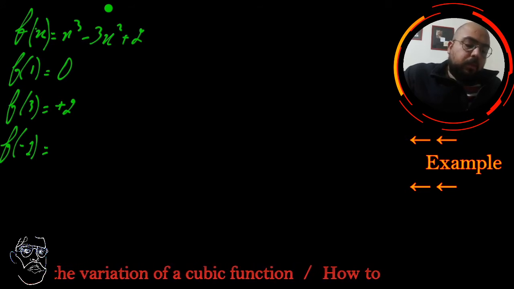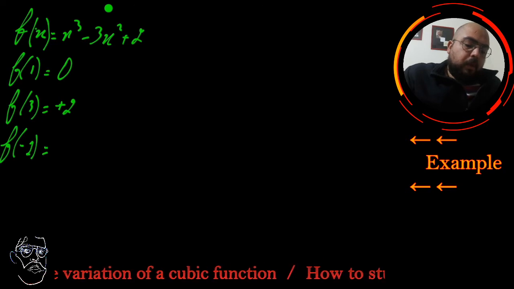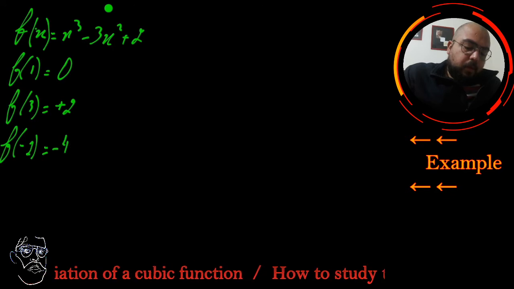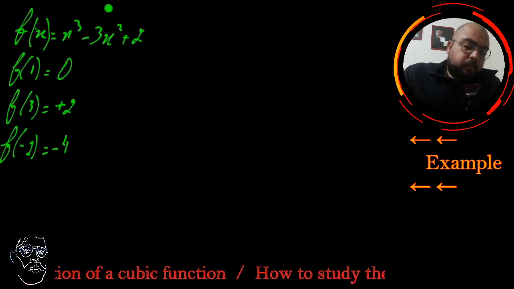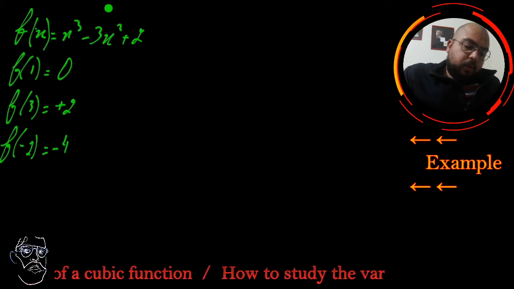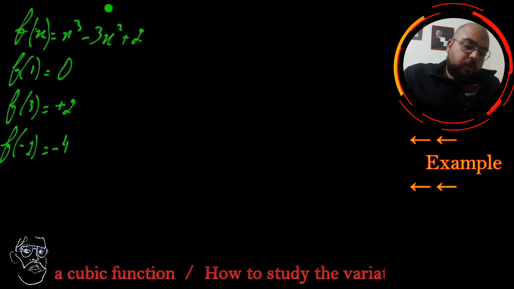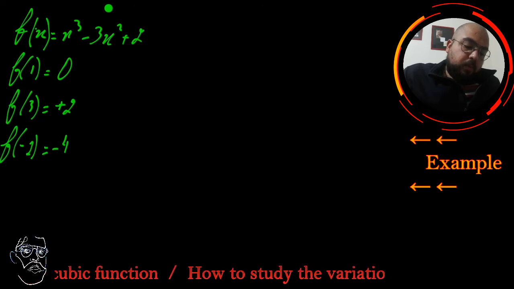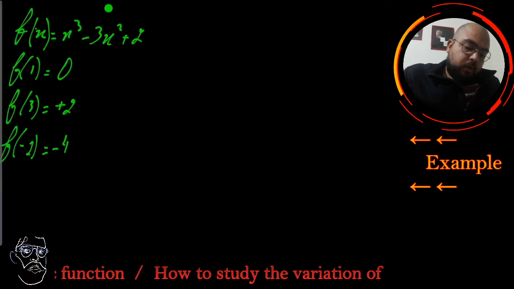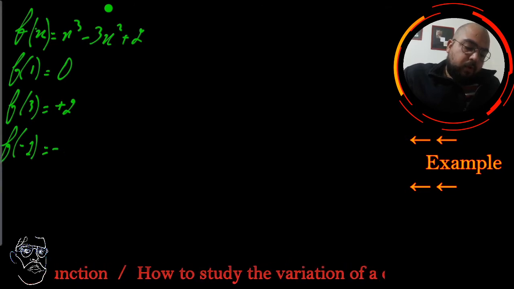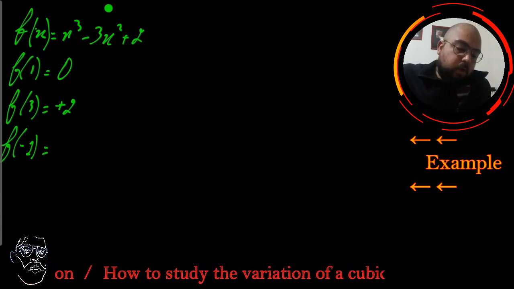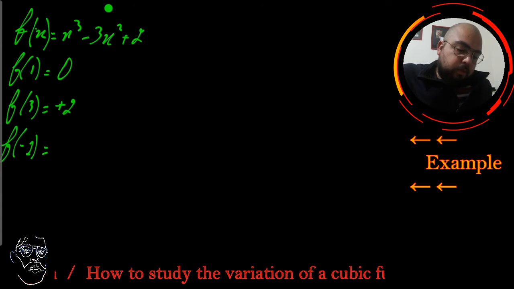So it's -1, -3, -4 plus 2, so it's -2. I will do the calculations one more time just to verify.